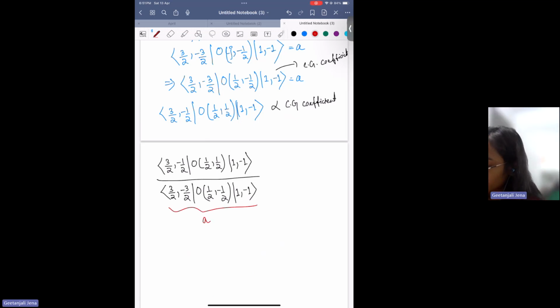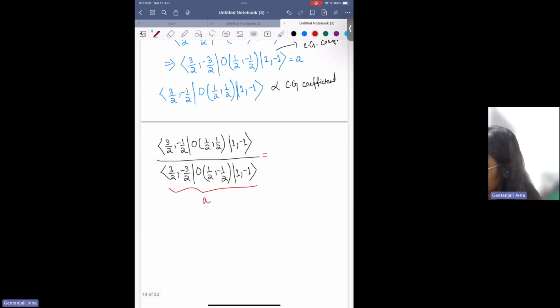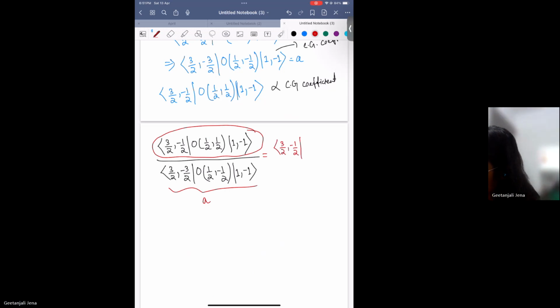When we divide these two terms, the constant term will cancel out, and the terms that remain are the CG coefficients. The CG coefficient for the numerator, you can write as 3 by 2 minus half, with half 1 half half minus 1. So this is J1, J2, M1, M2.